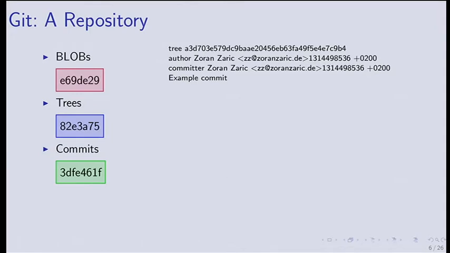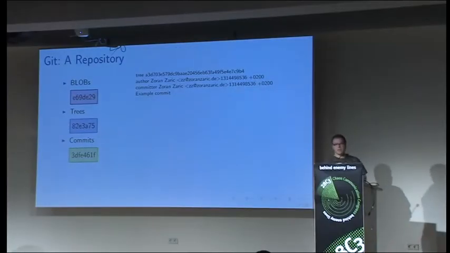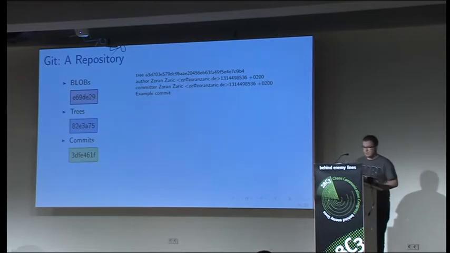Third are commits. You probably know what a commit is. Commits are snapshots of the state of a repository at some point in time. They first always have a reference to a tree, and they might have a reference to a parent, unless they are the most recent commit.